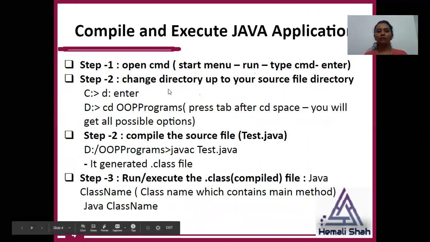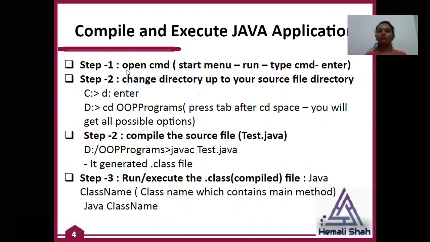And this thing we have done, how to compile and how to execute your Java application. First of all, we opened the command prompt. Then we changed the directory to the D drive. Then we used the command cd, space, then the folder name in which we have stored our file. Then for compilation, we used javac.